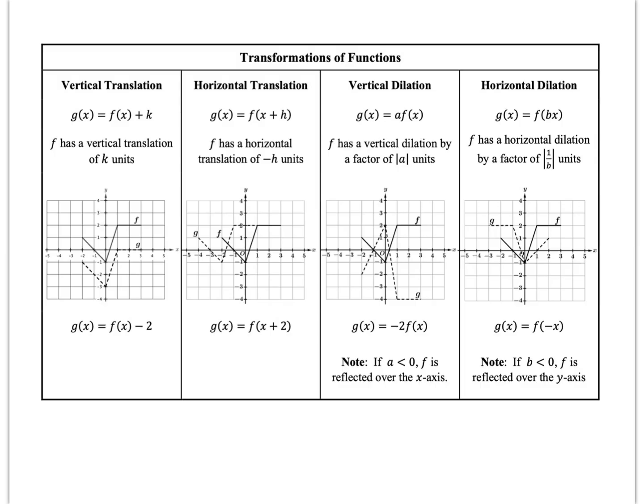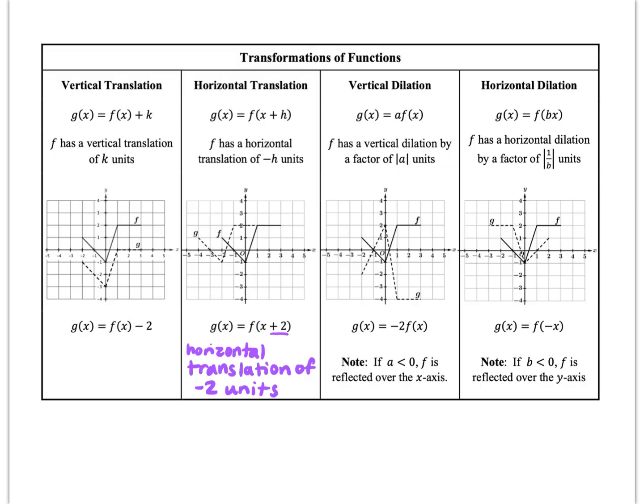So here, if I see f of x plus 2, it actually has a horizontal translation of the opposite of 2, so a horizontal translation of -2 units. You could also say that it has a horizontal translation 2 units to the left.